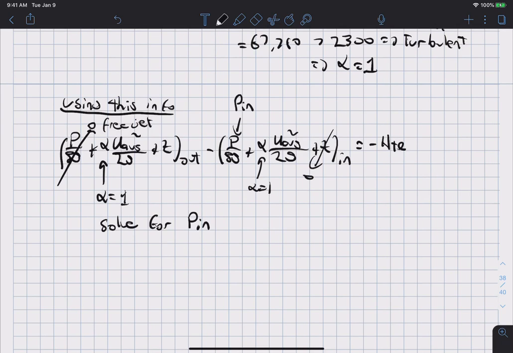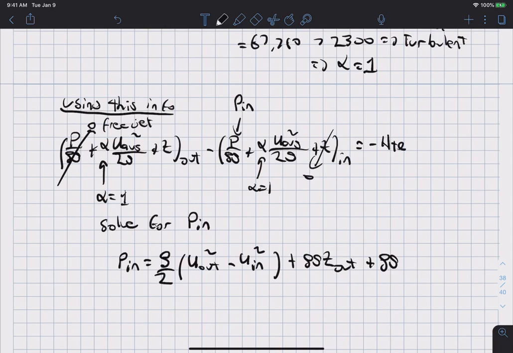For the pressure at the basement that's driving the flow, Pn equals rho over 2 times the average velocity at the outlet, I'll just call that uout, squared, minus the average velocity at the inlet, I'll call that un, squared, plus rho g z at the outlet, which is the faucet, plus rho g times the head loss.